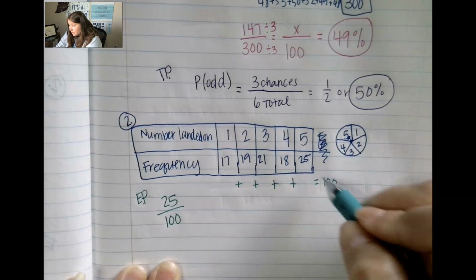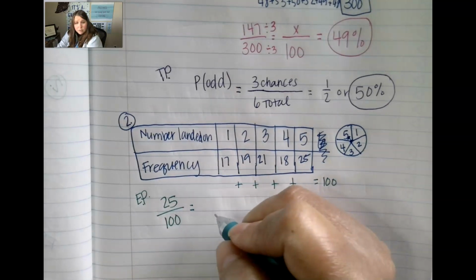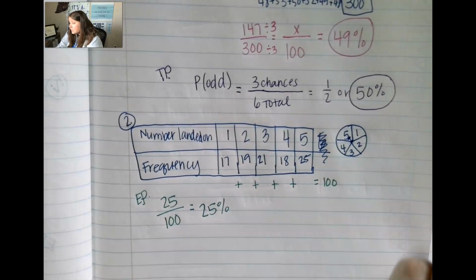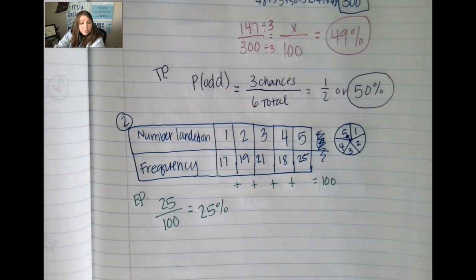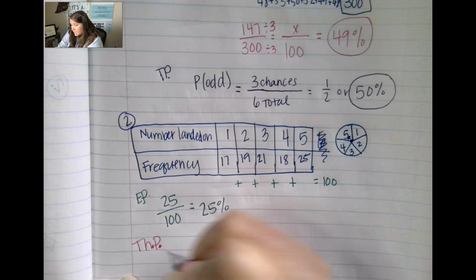Spinning a 5, 25 out of 100. Well, 25 out of 100, it's already out of 100, so we have a 25% chance of spinning a 5.